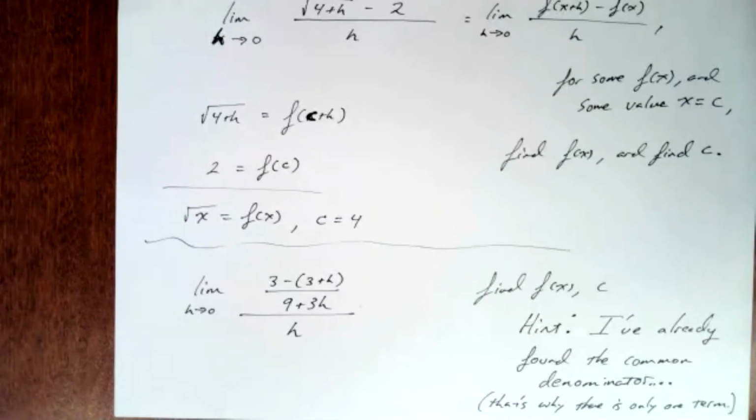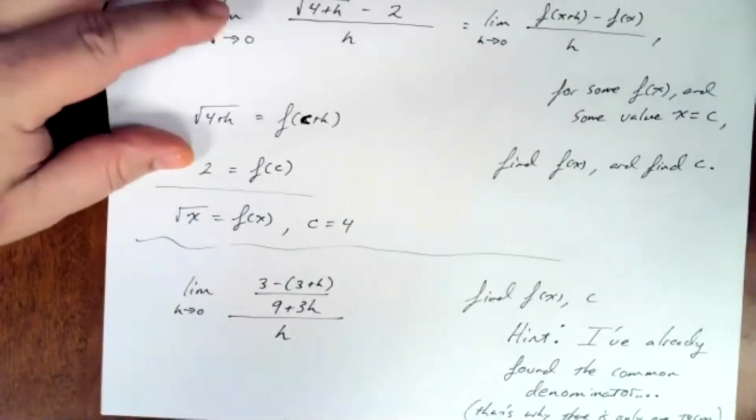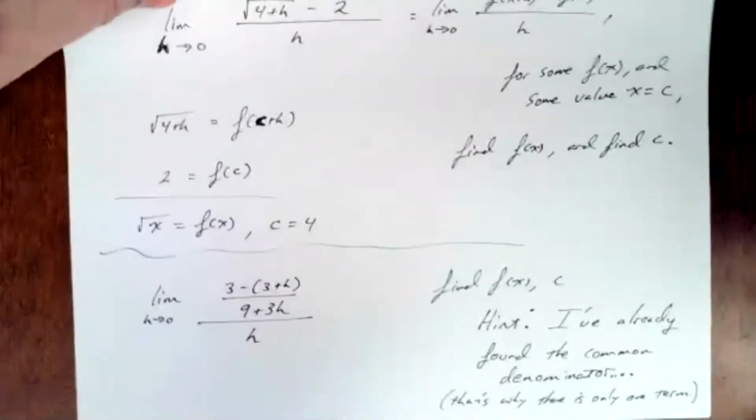Okay. So I've gotten one right answer, and I think a bunch of you are chasing your tails. So here's how you do this. I told you that I've already found the common denominator.